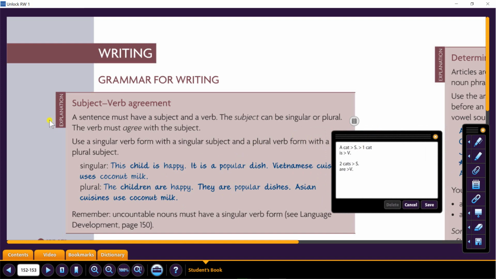The rule here, ladies, says that the verb must agree with the subject. What do we mean by that?